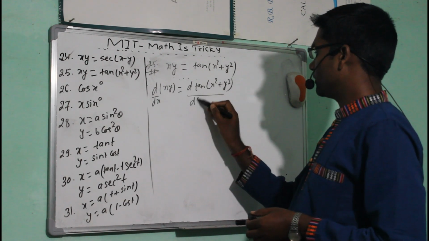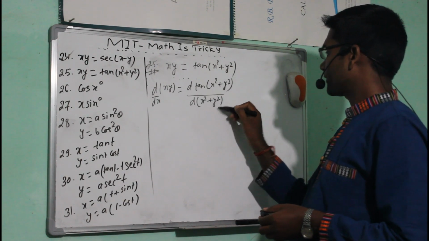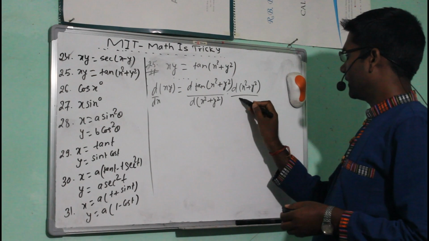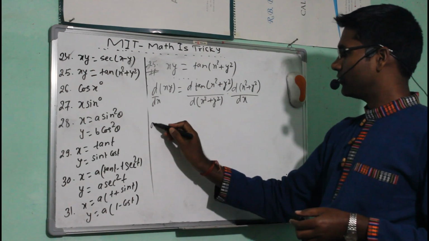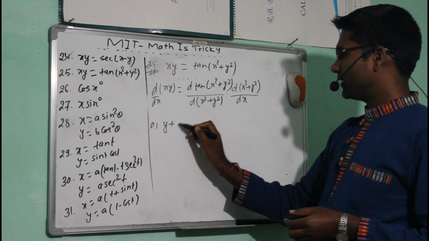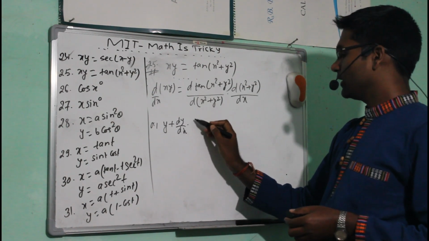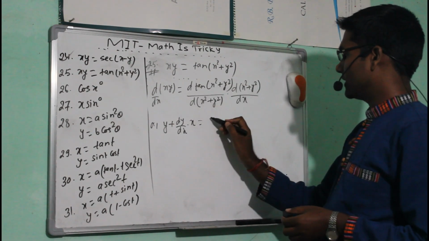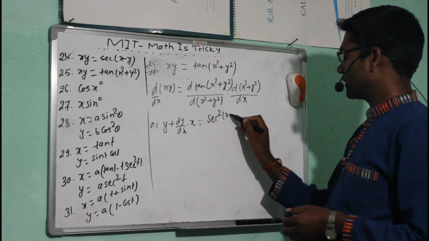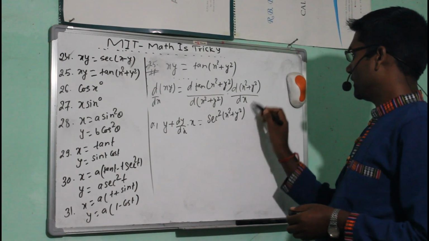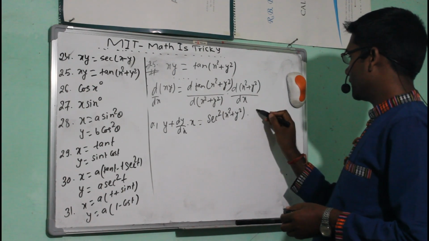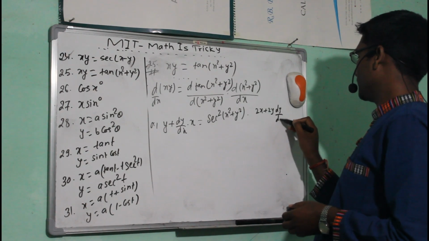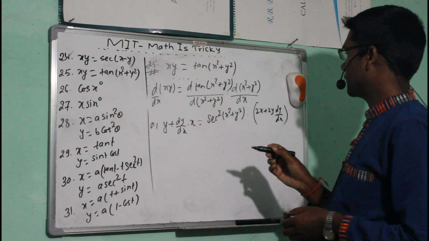On the left hand side I'm using the product rule, so y plus dy/dx into x. The derivative of tan is sec square of (x square plus y square), times the derivative of x square plus y square, which is 2x plus 2y dy/dx.